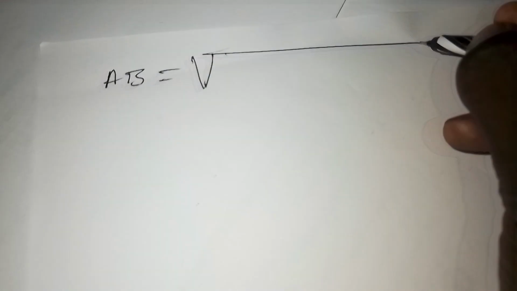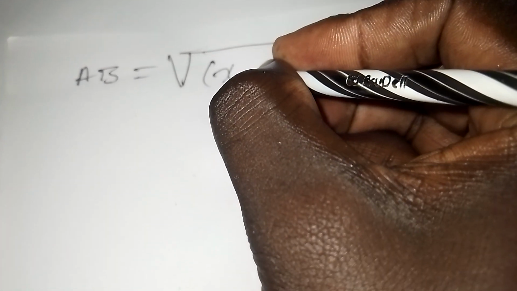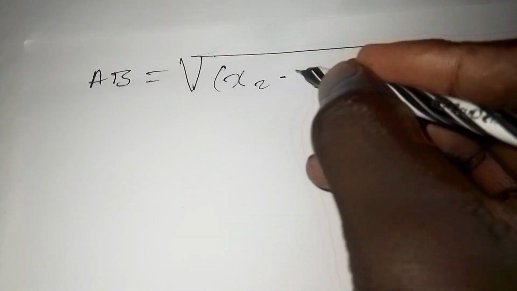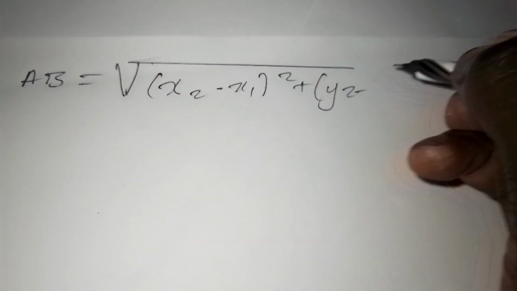We say the distance AB, the formula is equal to the root of, open brackets, x2 minus x1, close, squared, plus y2 minus y1, squared.